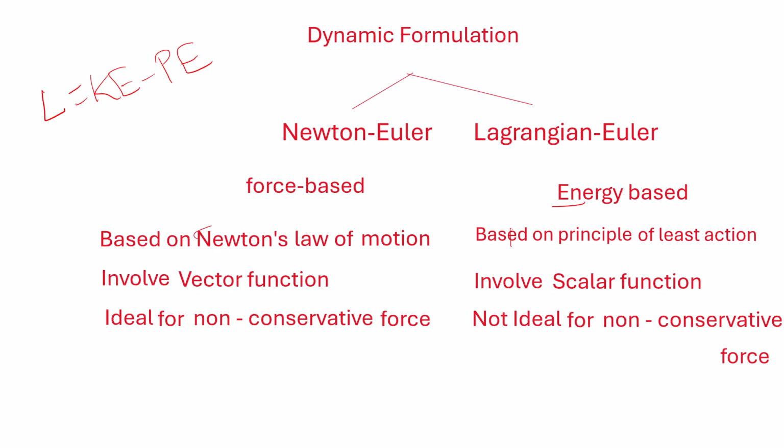The Newton-Euler method involves a vector function, whereas the Lagrangian-Euler method involves only scalar functions. The Newton-Euler method is ideal for non-conservative forces, whereas the Lagrangian-Euler method is not, because no potential energy is attributed to non-conservative forces.